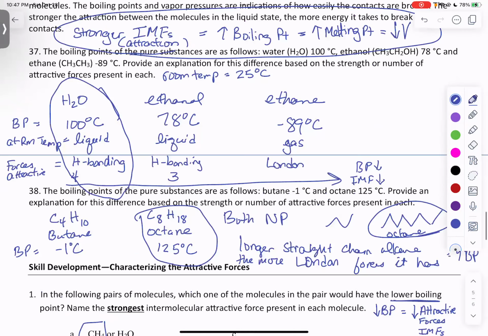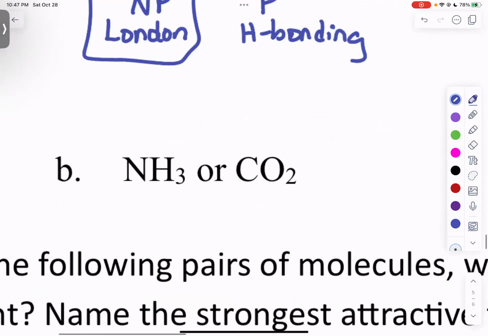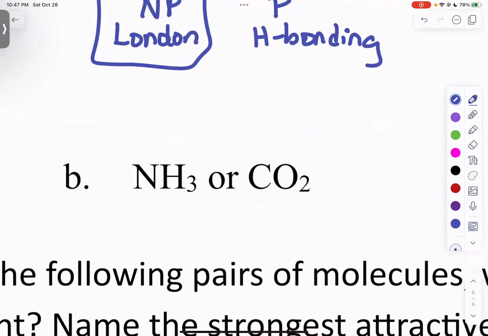Okay. So B, NH3 or CO2. And remember, try these before you watch. So I'm going to look at NH3 and I'm going to go, oh, that one's polar. And you might have to review and go back and draw your molecules to know which one's polar and which one's not. But you need to go back and review that.